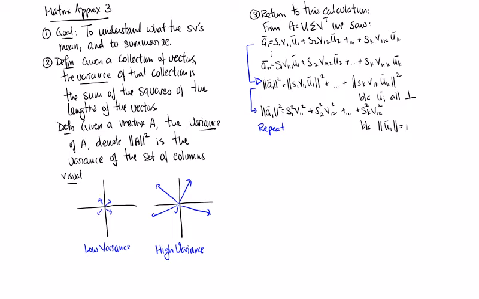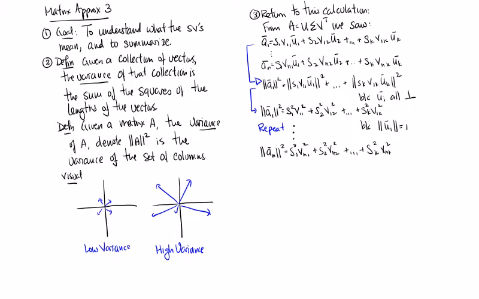When we do this, I'm just going to write dot, dot, dot, and the very last one, so we'll get a_n squared is s_1 v_n1 squared, plus s_2 v_n2 squared, all the way up to and including s_k squared v_nk squared.